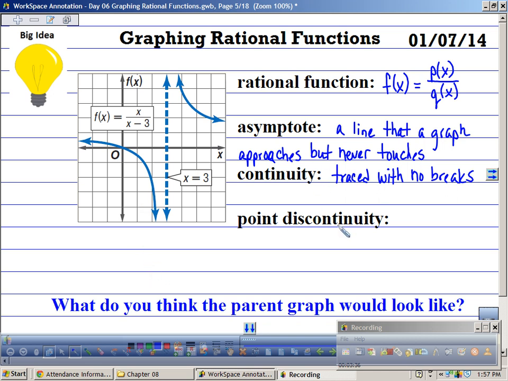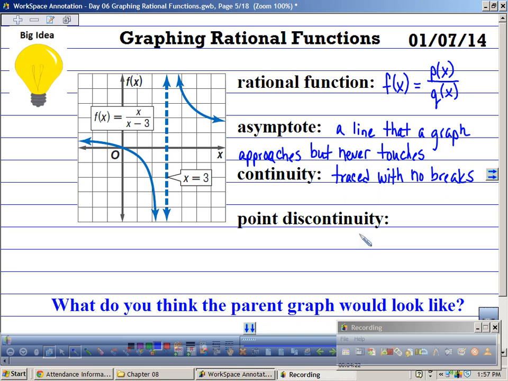All right, so point discontinuity. What do you think that is? The point where the curve ends? Almost. We've seen it in one other thing that we've done, where we had holes, and they would break. Remember step functions?